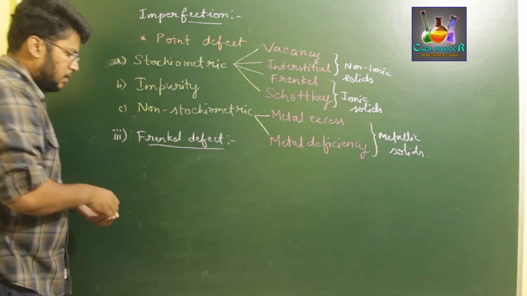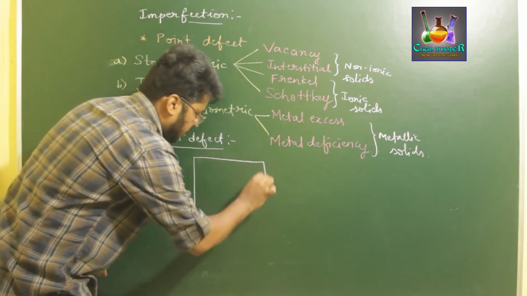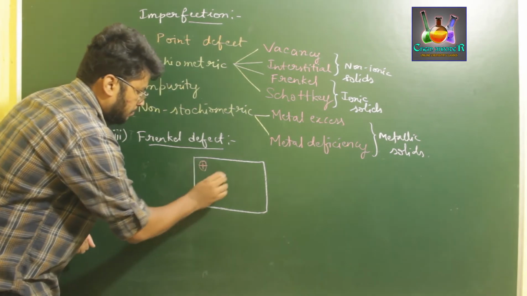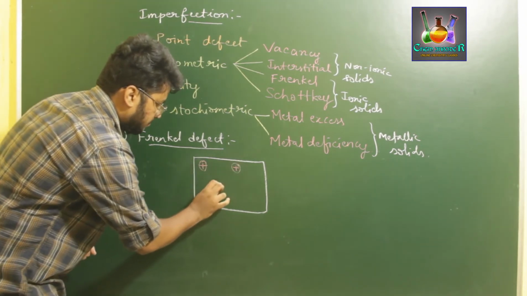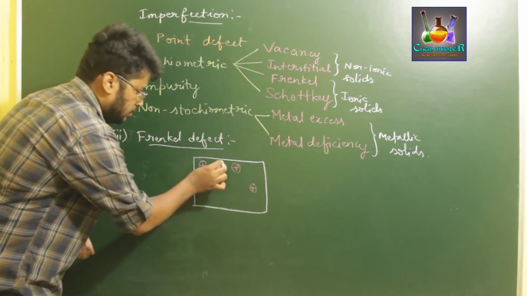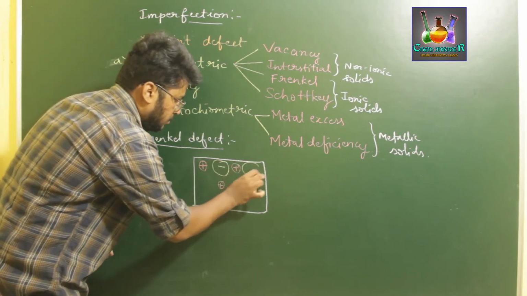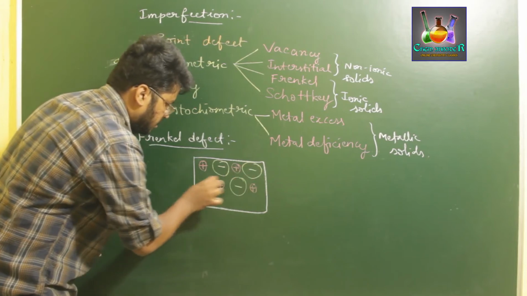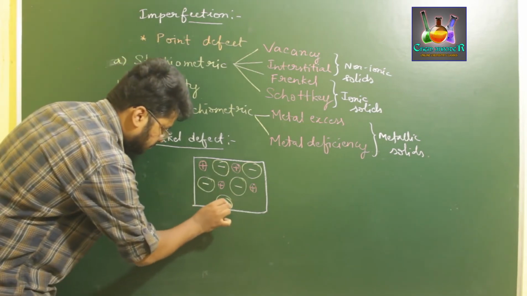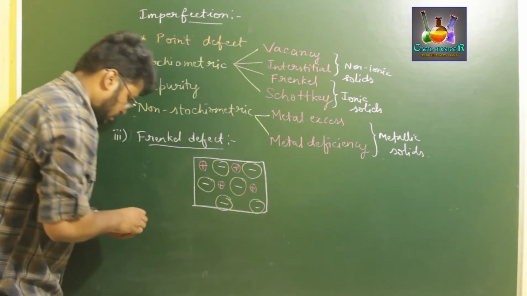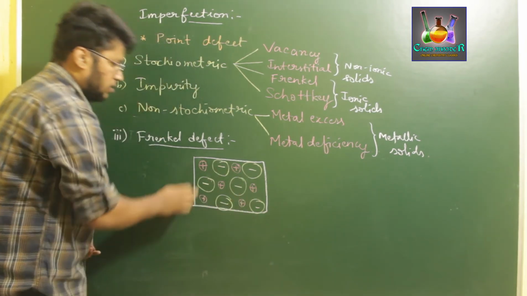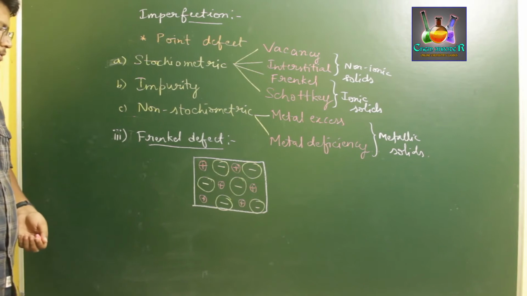For example, if you consider this as the lattice site, I write the positive ions in smaller size like this, and the negative ions, or anions, in a bigger size. So if we find a positive charged ion somewhere at an interstitial position, this is the particular arrangement of our ions.